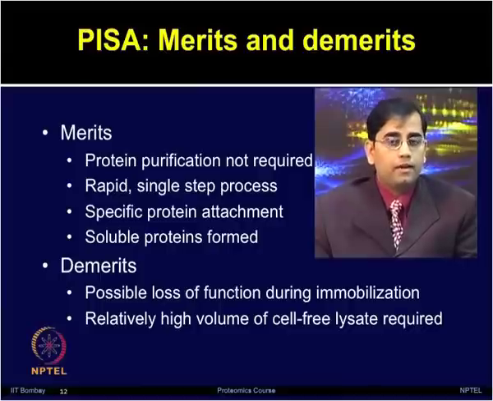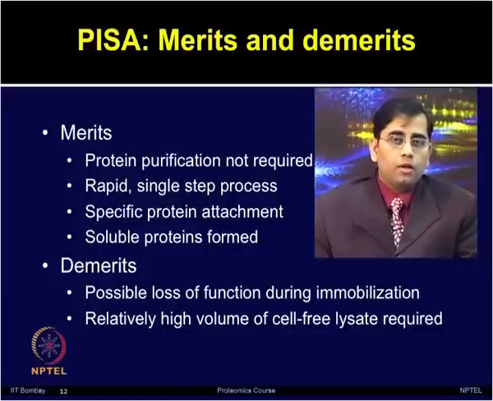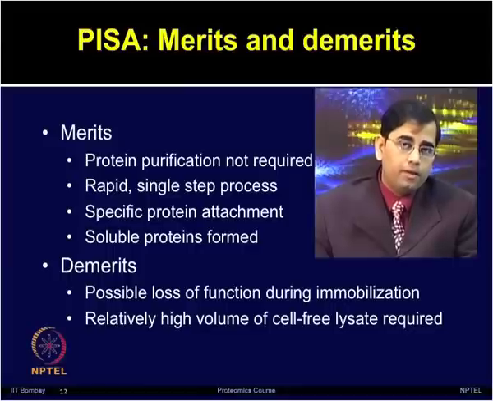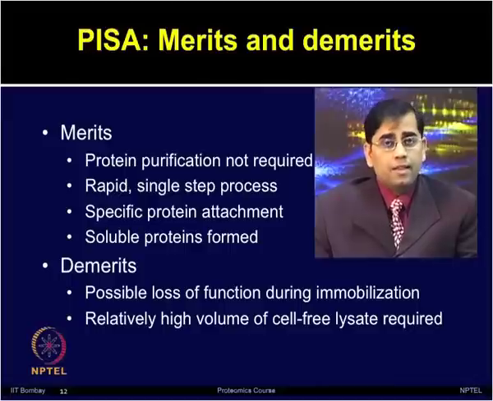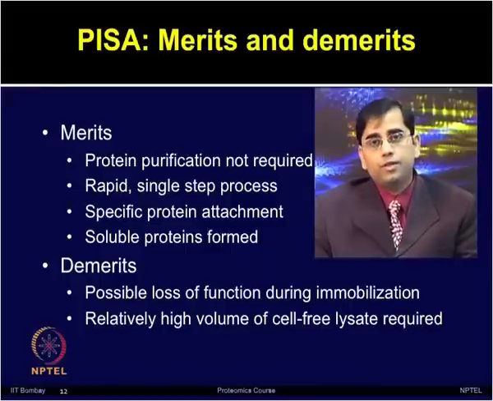It gives a rapid single step process. Because of the histidine tag and nickel NTA interaction, specific protein attachment can be achieved by using the PISA method. In this method, soluble proteins are formed. These are some of the major advantages of using protein in situ arrays.